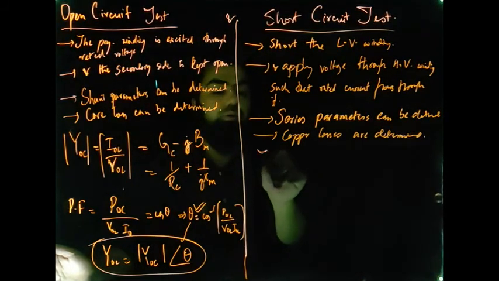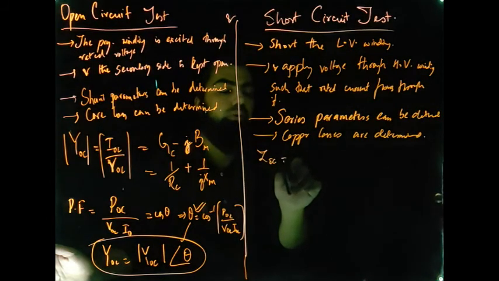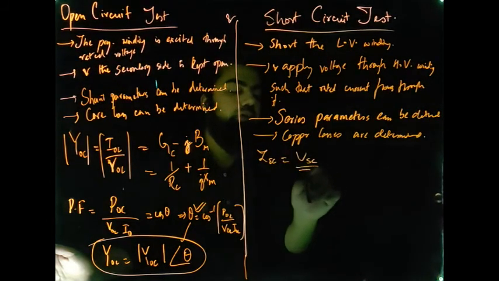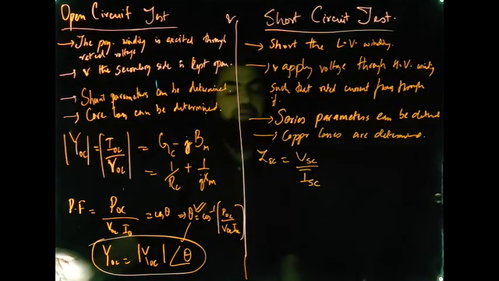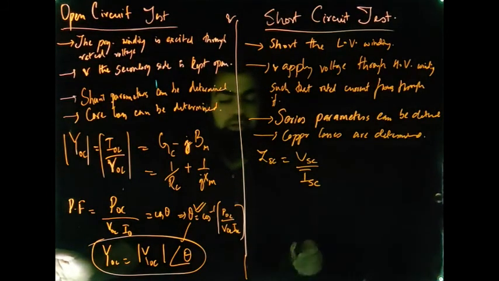So you can say ZSC is equal to VSC divided by ISC, where VSC is the voltmeter reading at short circuit and ISC is the ammeter reading at short circuit.